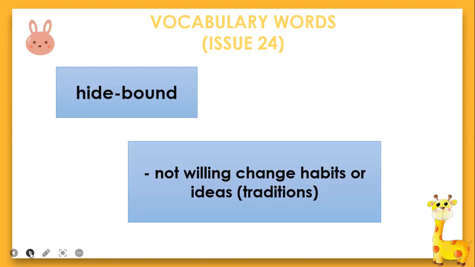So, for example, my friend is hidebound about his lifestyle. Lifestyle, do you know lifestyle, right? Lifestyle is like what you do every day. So he is hidebound about his lifestyle, so not willing to change anything about what he does every day.